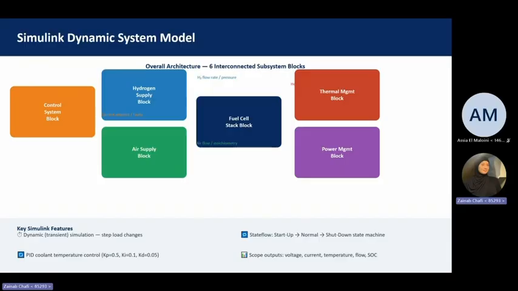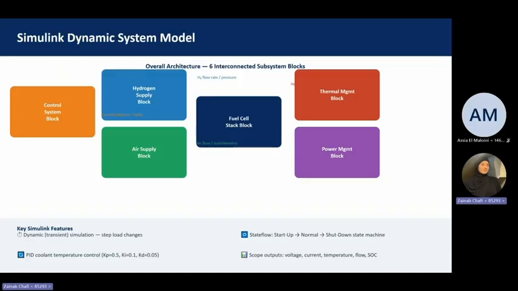The model includes PID controllers to regulate temperature and airflow. It also simulates startup, normal operation, and shutdown using Stateflow. These help us evaluate the dynamic performance of the complete fuel cell system.